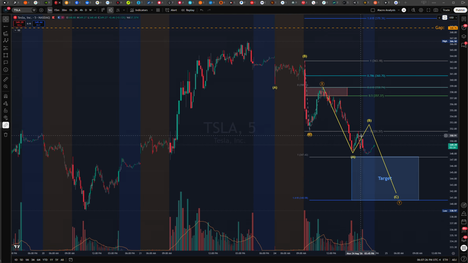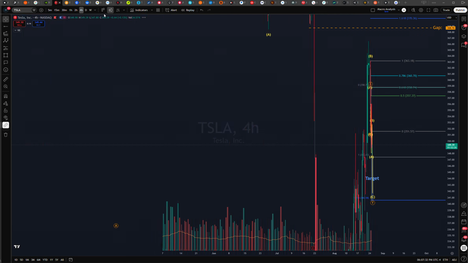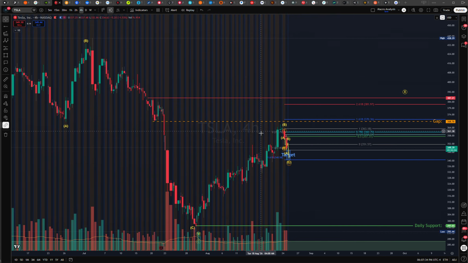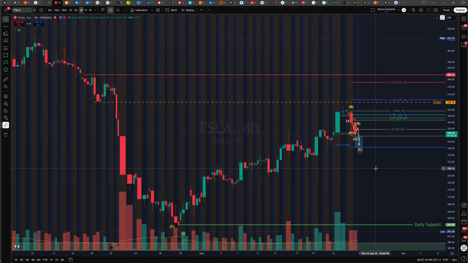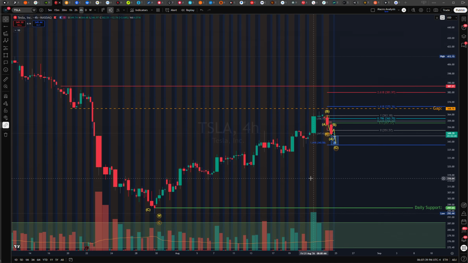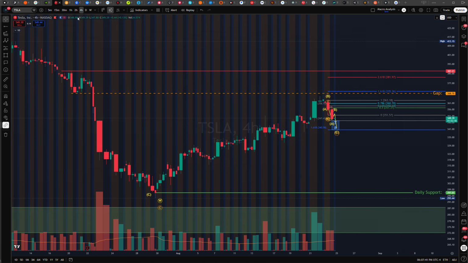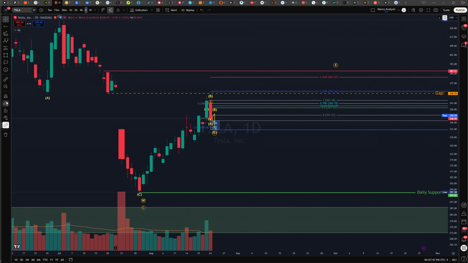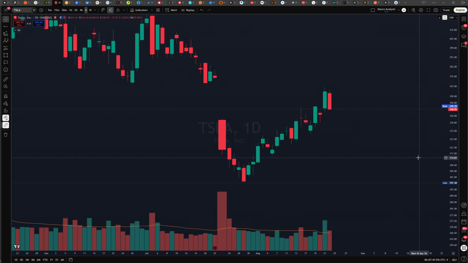Tesla, still think you could see this move in Tesla. It did. Let's go to the 4-hour time frame. Lots of selling on that volume right there. Rejected, so you had the gap right here, which is something we talked about.